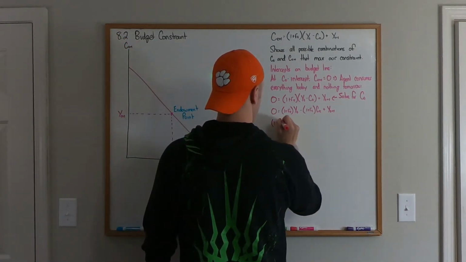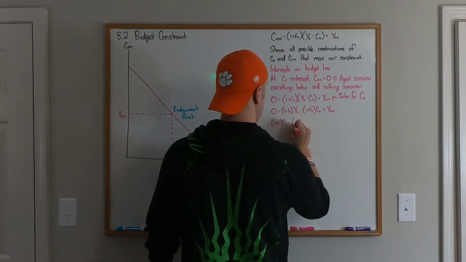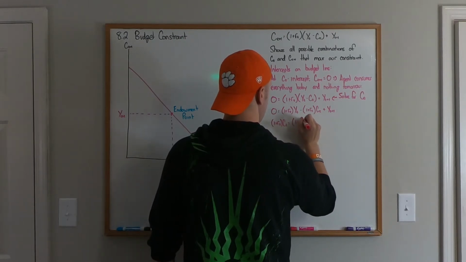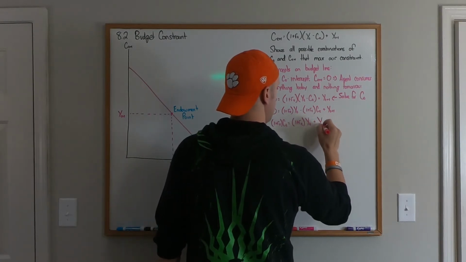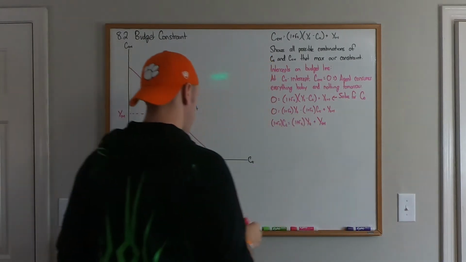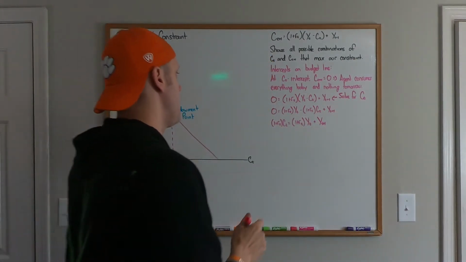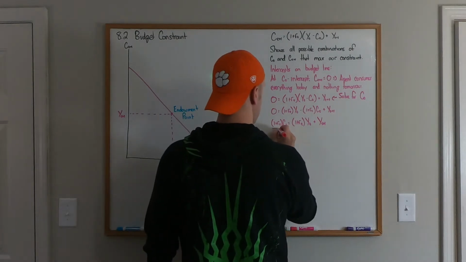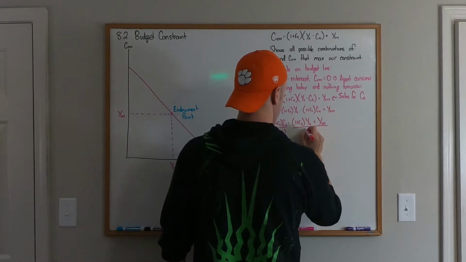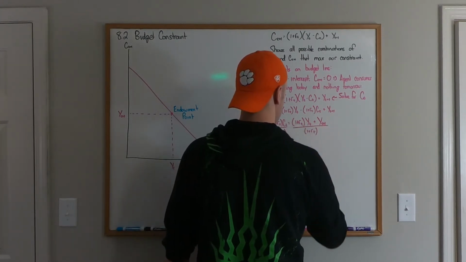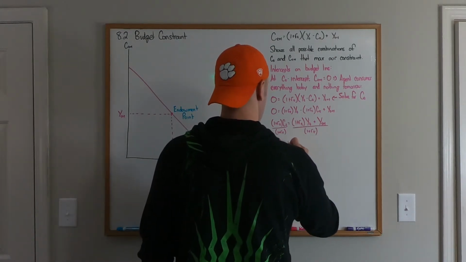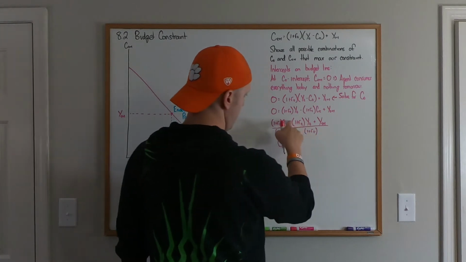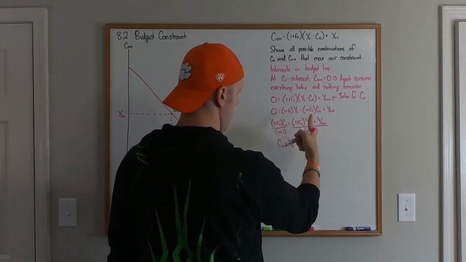I get 1 plus r times CT equals 1 plus r times YT plus YT plus 1. Now I want to divide both sides by 1 plus r. Like that. And I find CT equals YT, because 1 plus r divided by 1 plus r is just 1.